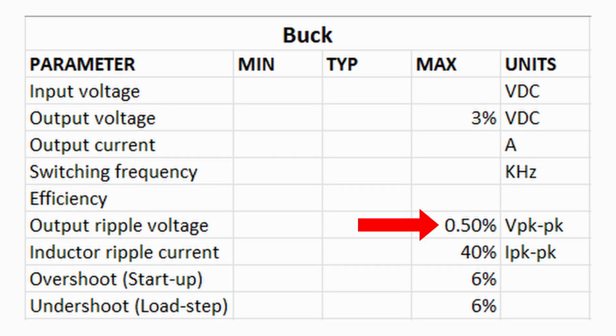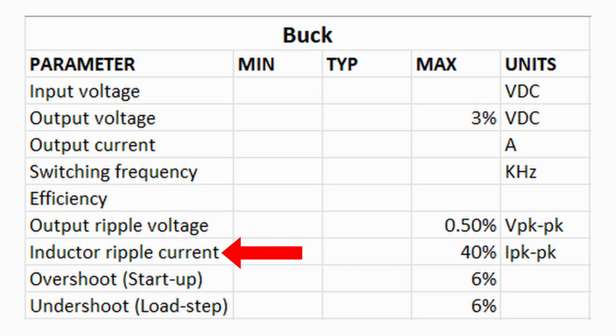Like with other parameters, the maximum allowable ripple voltage can also vary depending on what topology you're using, as well as some other performance conditions. For example, with a buck regulator, it is very common to see a maximum ripple voltage spec of around 0.5%. So in the 3.3 volt example, that is a total ripple voltage of around 16.5 millivolts measured peak to peak.